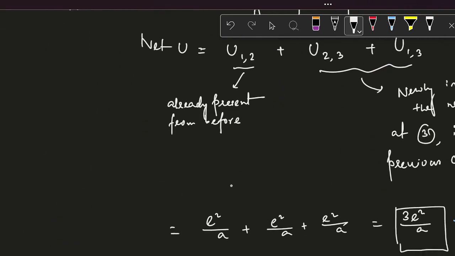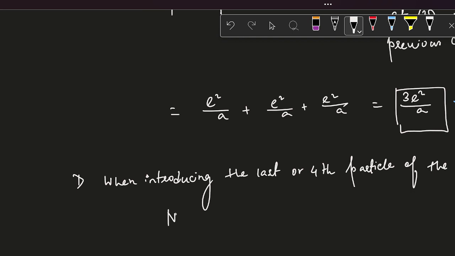So what you get is that now the total net interaction energy of the system, net U, is equal to the previous terms, which are between 1 and 2, between 2 and 3 and between 1 and 3.